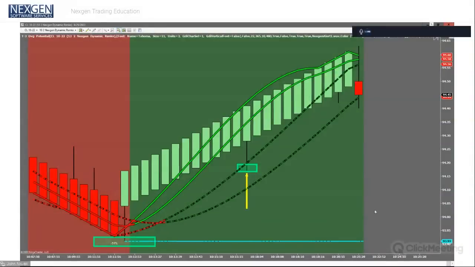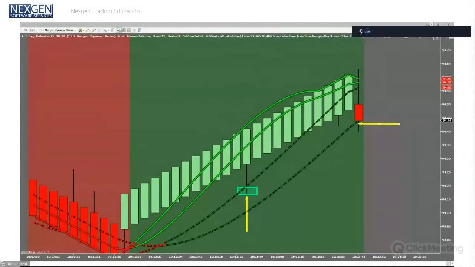The lines are your friends. Everything that you're going to do, good, bad, or indifferent, is going to be based on triggers. Without the benefit of anything else, are we going up still or not? Would we take a long trade or not?